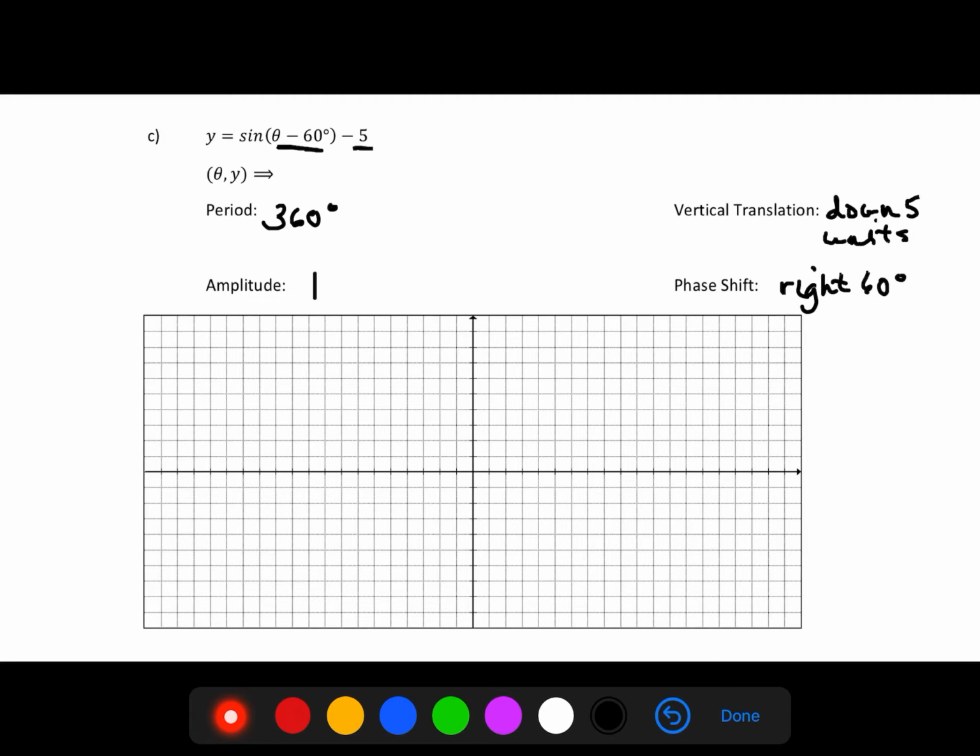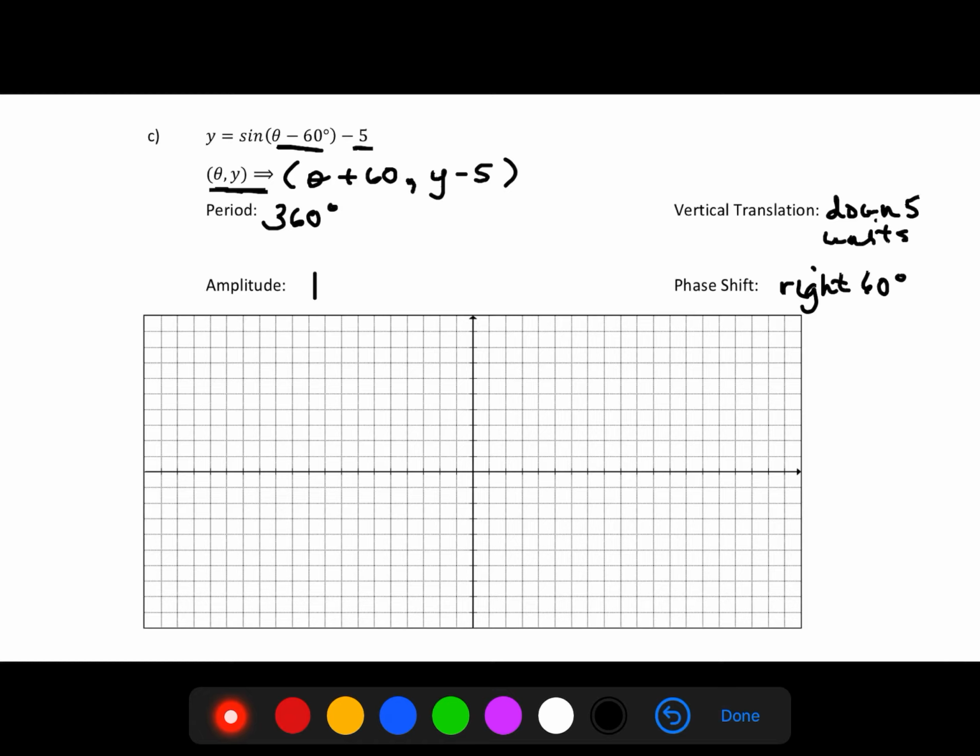So each of our key points, you'll notice, is just about how the values of each of our key points changed. We could use our key points to alter them as well. We know that if we're moving to the right, we're adding 60 degrees to all of our theta values, or our x values. And for our y values, we're going to be subtracting 5.